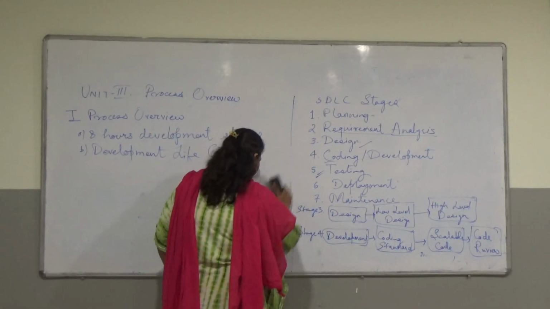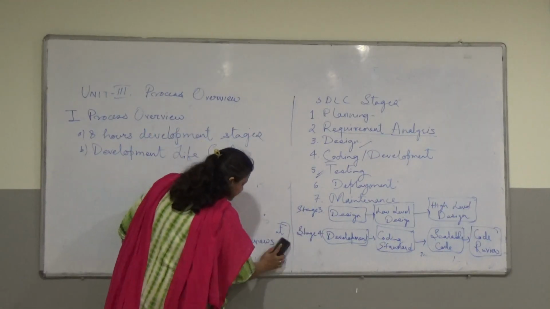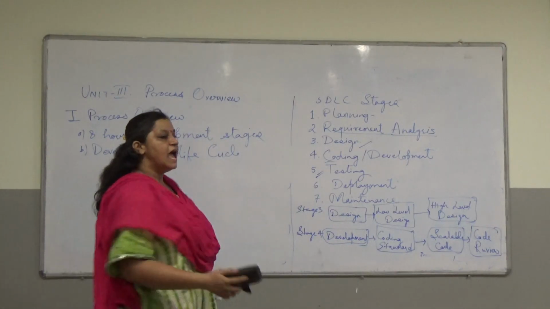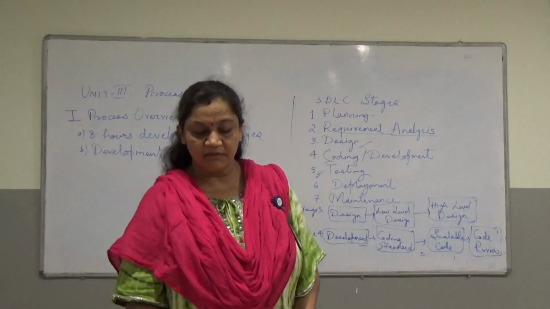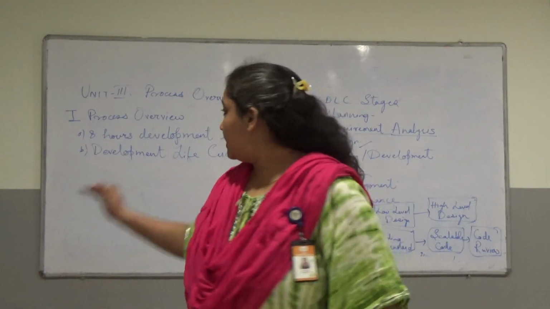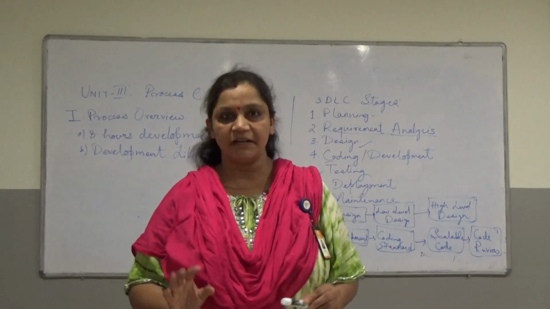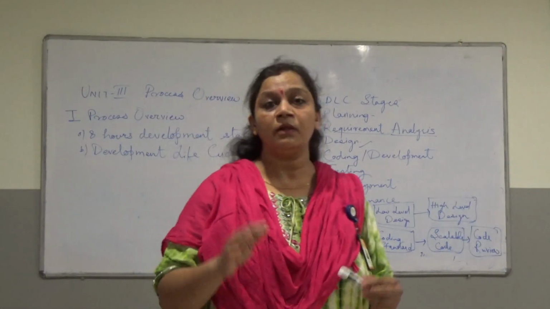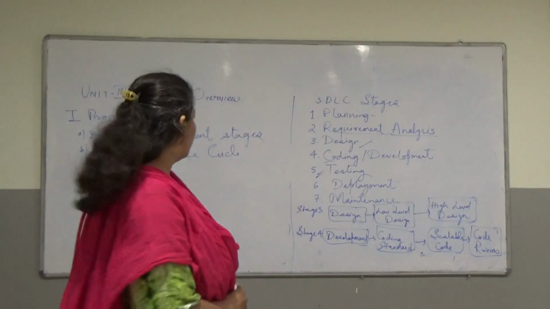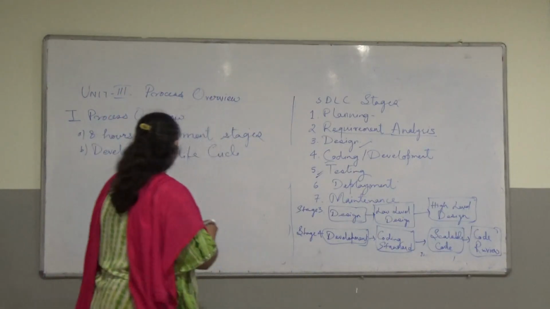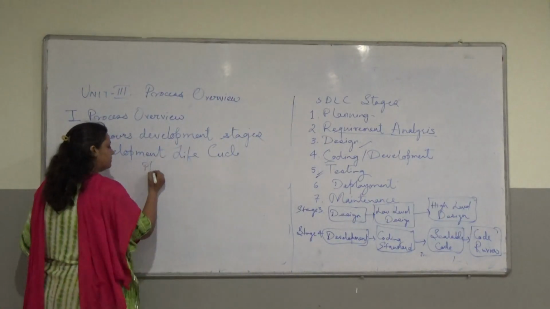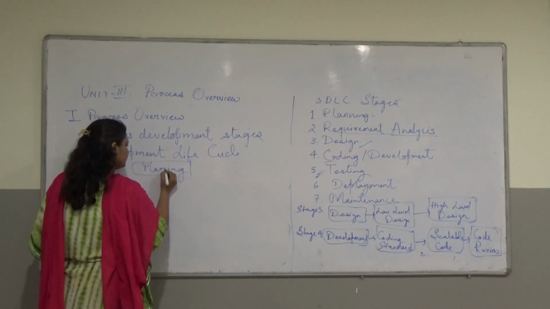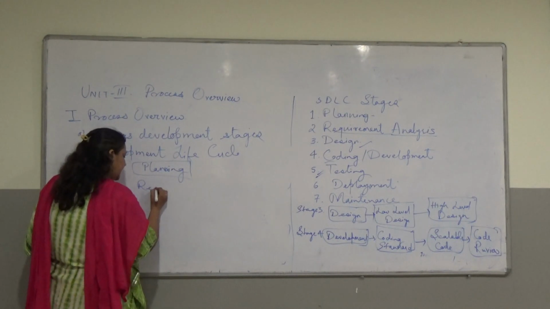Under the waterfall model, each and every stage will take place in a linear way, and once a stage is complete, we go for the next stage. On the phases that we have seen, first we do planning. Once planning is completed, we go for requirement and analysis.